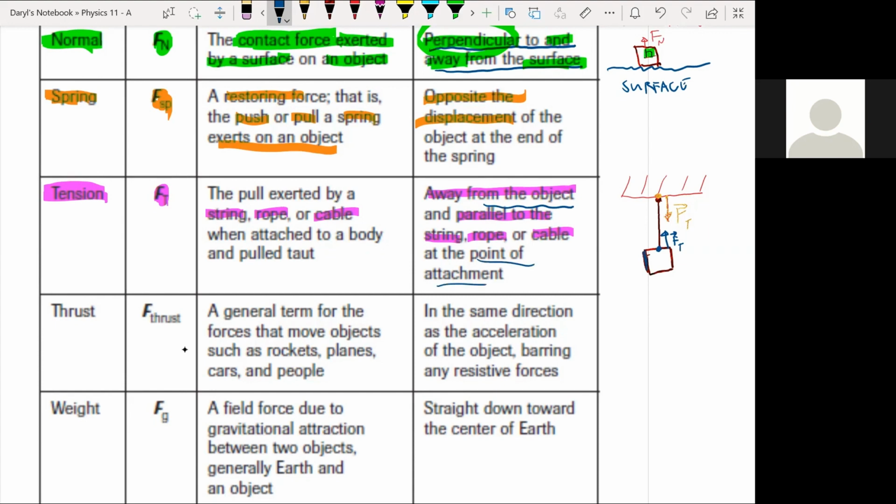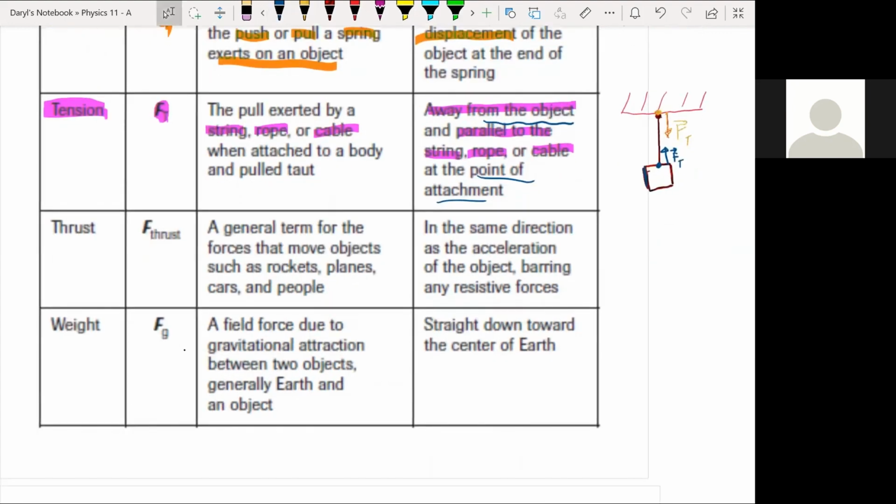So that is tension. And thrust, although this is just a general term, sometimes we just call it applied force. It's a force that moves objects such as rockets, planes, the engines in your cars, or the people pushing the car.